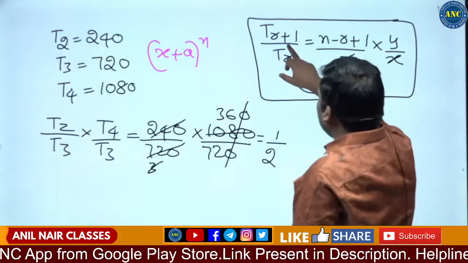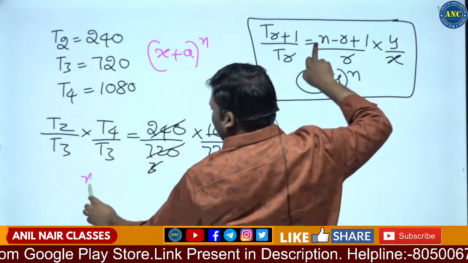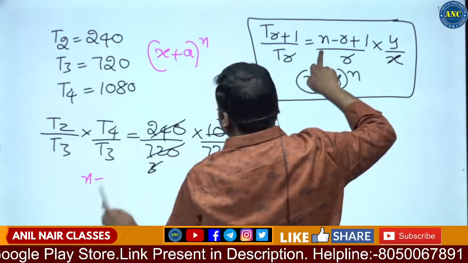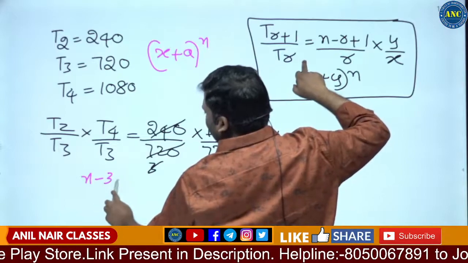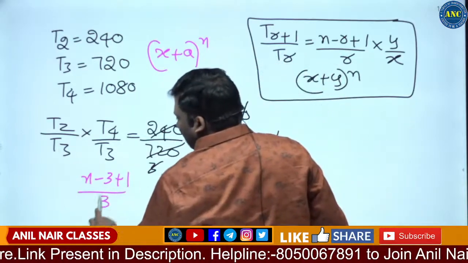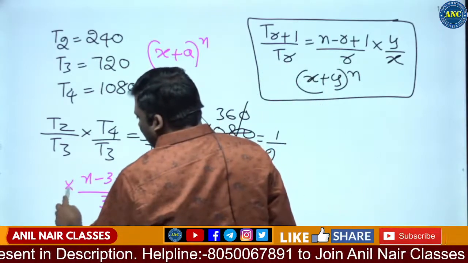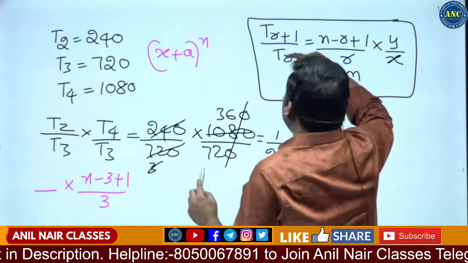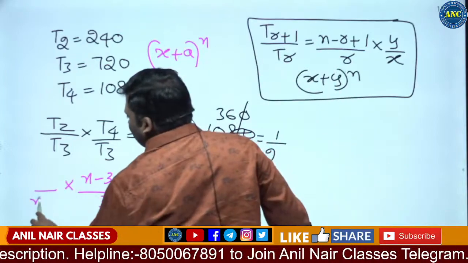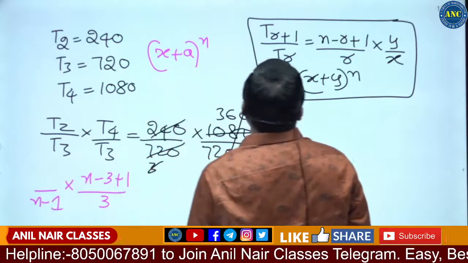So T4 means r value is 3, so this becomes (n minus 3 plus 1) divided by 3, that is (n minus 2) by 3, into T3 by T2, where r value is 2, that is (n minus 1) by 2.